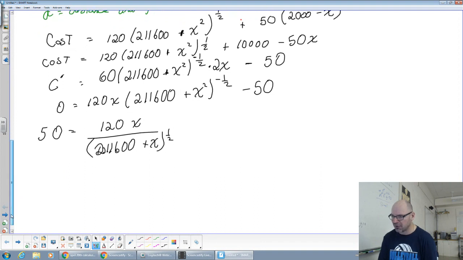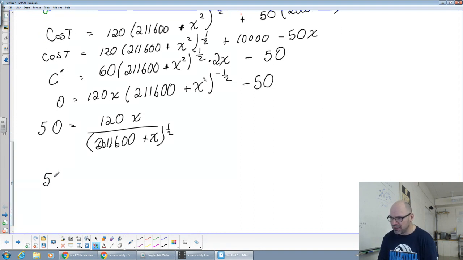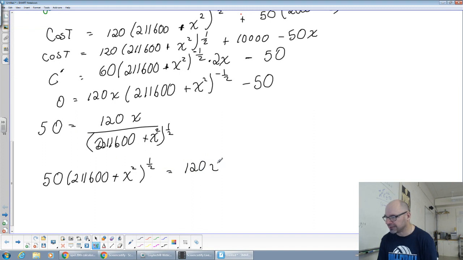So we're going to have 50 times 211,600 plus x squared, gosh, I'm going to make an error here if I'm not careful, to the power of 1/2, equals 120x.